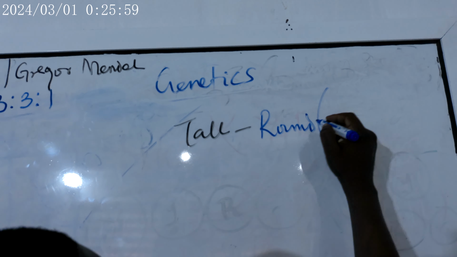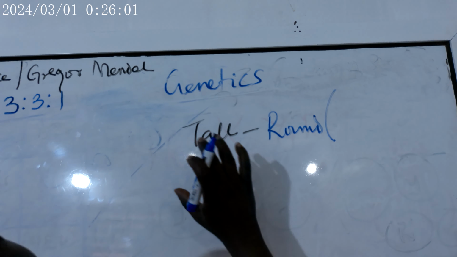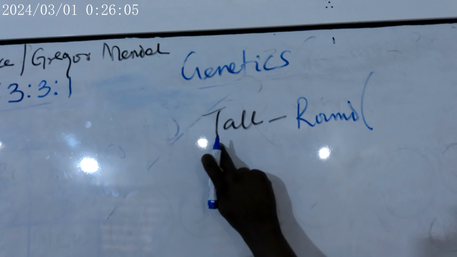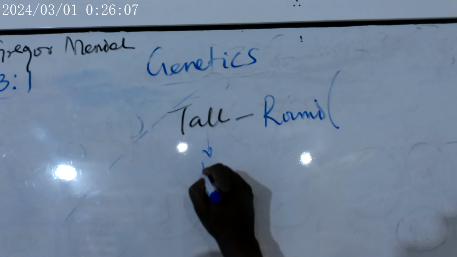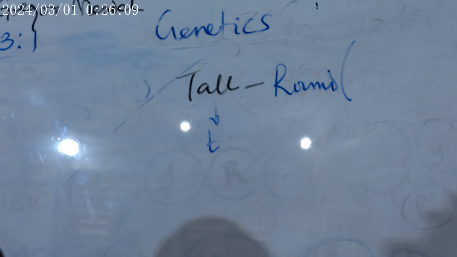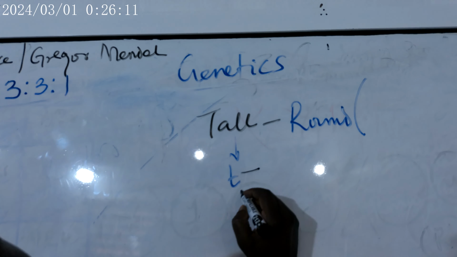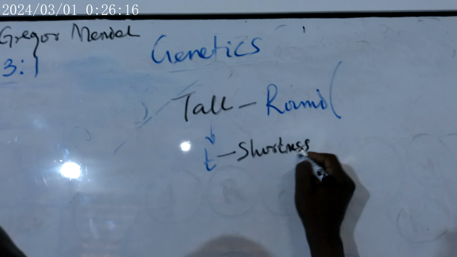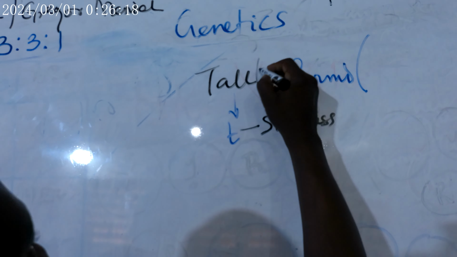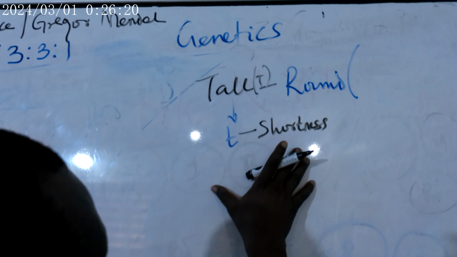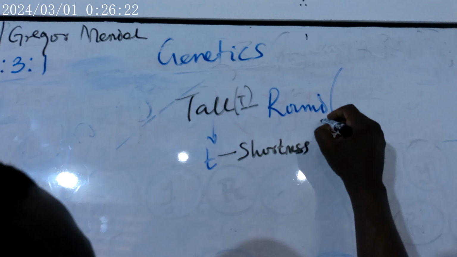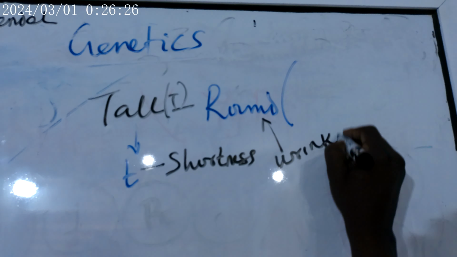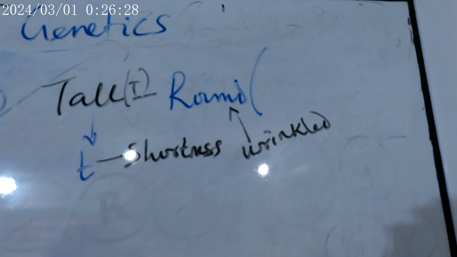So don't forget that I told you that for Mendelian principle, capital letter T is going to be dominant over small letter t. So that means the small letter t will be used for shortness. That is, if the plant is not tall, the plant must be short. And if this plant is not round, that means it must be what? Wrinkled. It must be wrinkled.